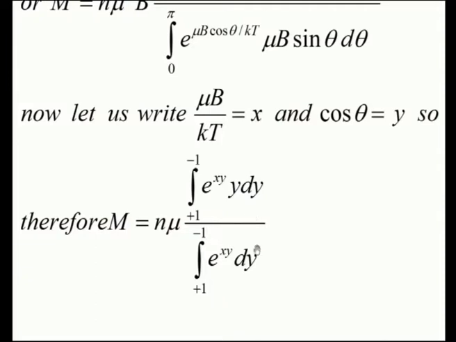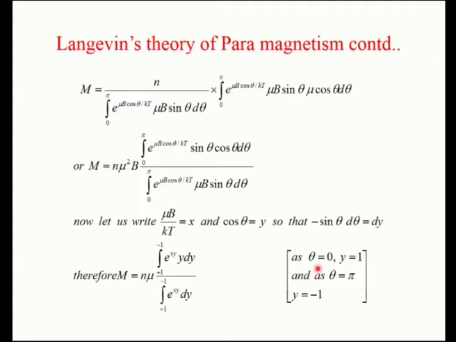Here, this is about how we go for the change of limits. When we change the variable from theta to y, then the limits also should be changed. So, here we show how we change those.